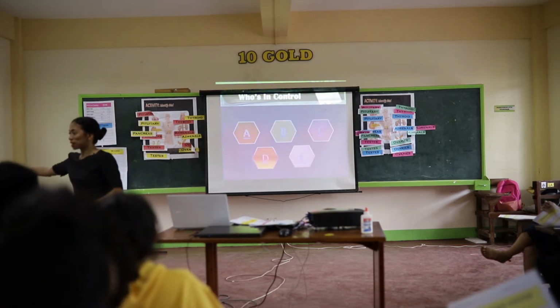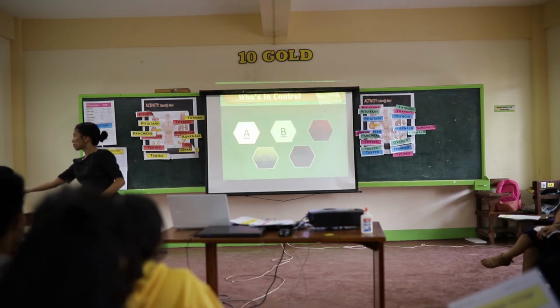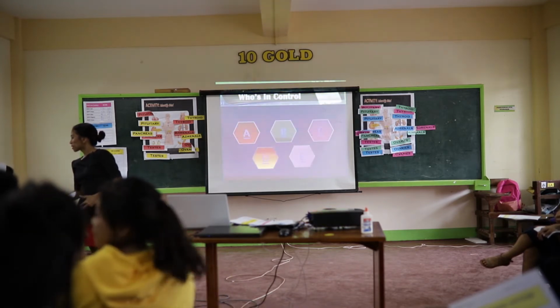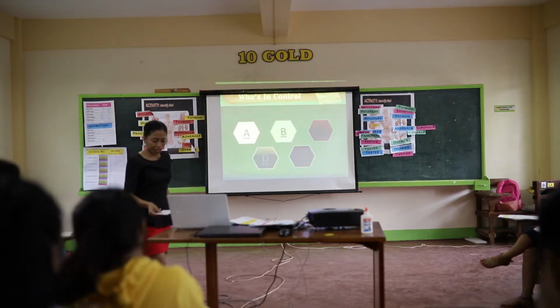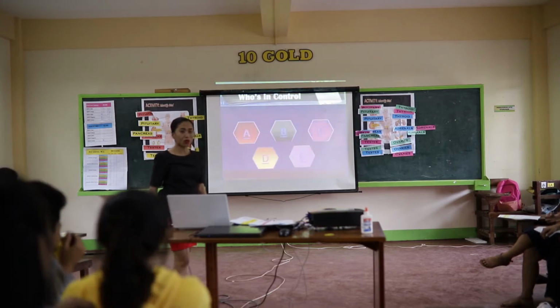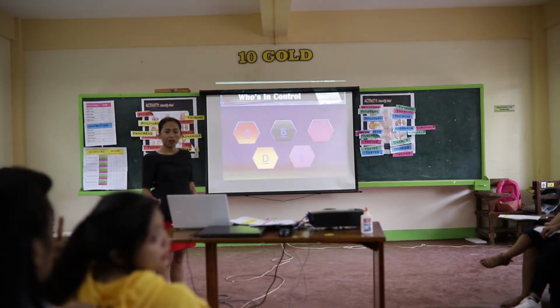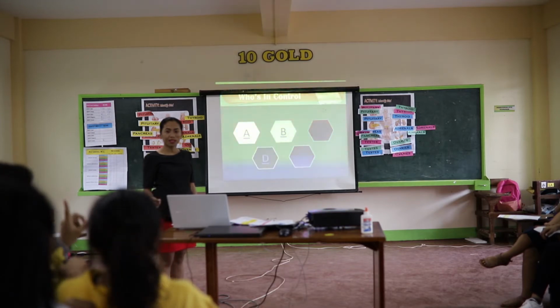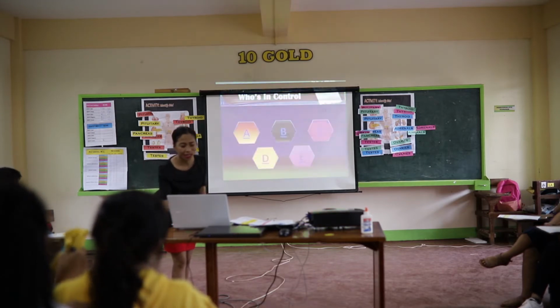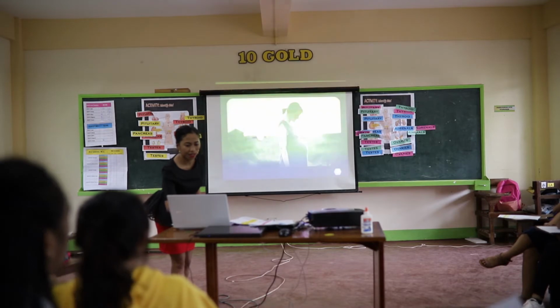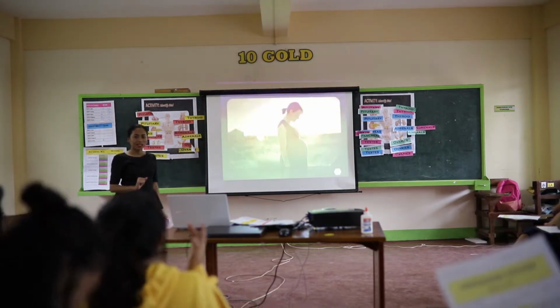Where's your 2, Mike? Okay, that is 3. Pick letter, group 3. Pick one letter. Group 3. Letter A. Okay.